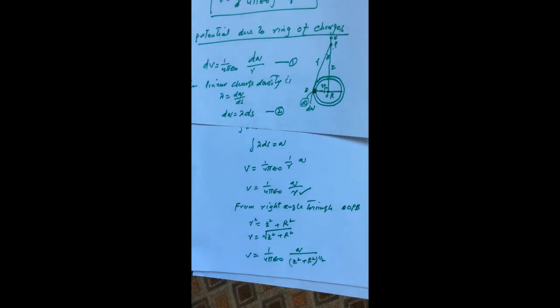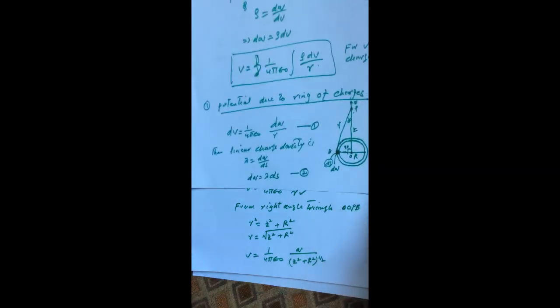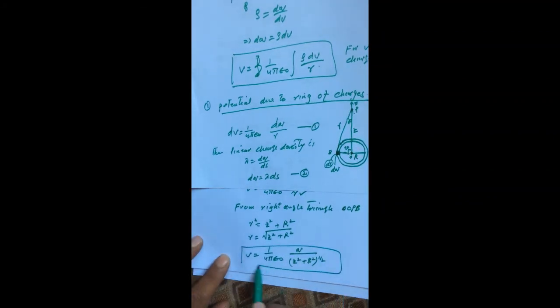Now this is the potential at point P due to the ring of charge, which is at a distance z from the center of this ring. So this is one practical application for the continuous charge distribution. In the next video I will do the potential due to a disk of charges.